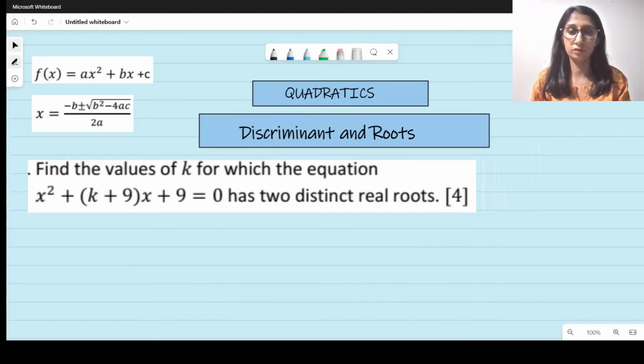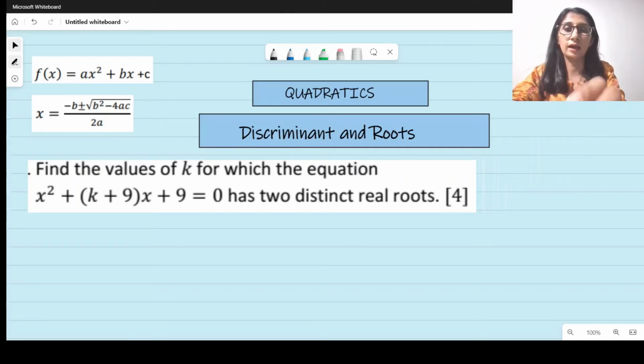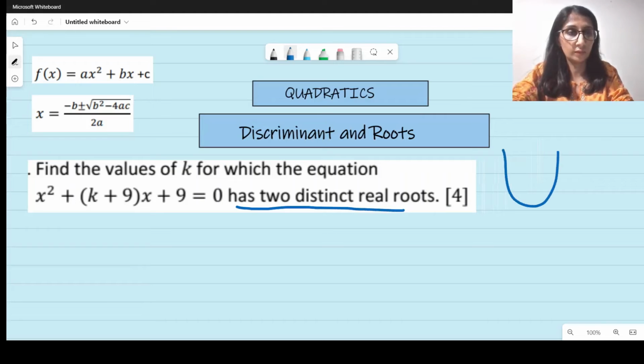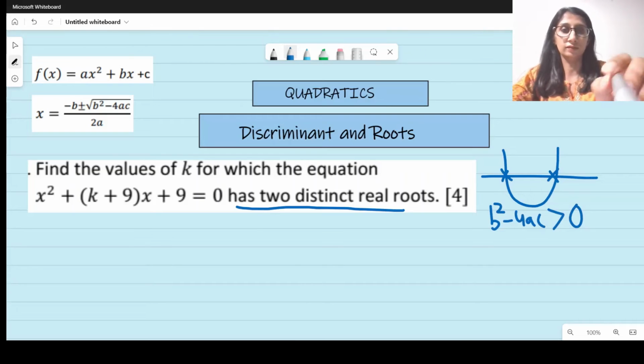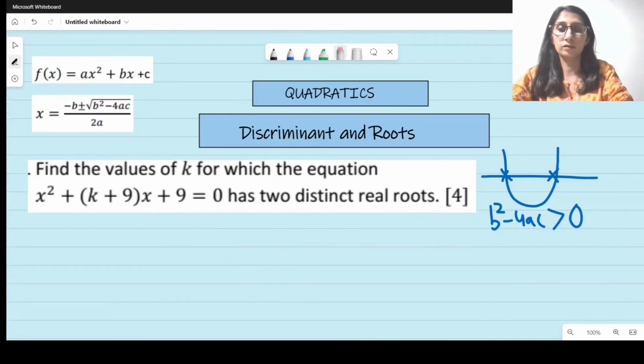All right, next question. So here it says, find the value of k for which this equation has two distinct real roots. So we're talking about this case where the curve cuts the x-axis at 2 points. So this happens when b square minus 4ac is greater than 0. So that's how we'll start the question.